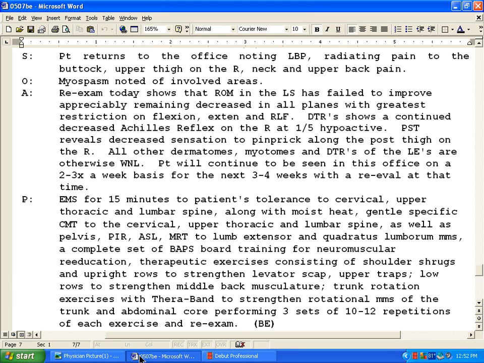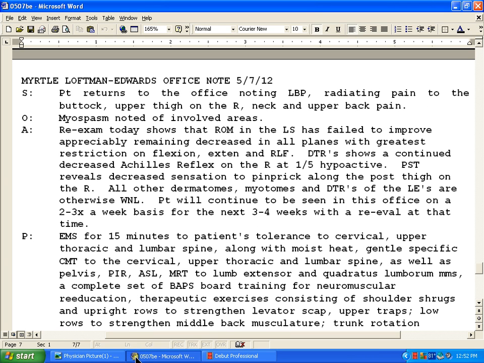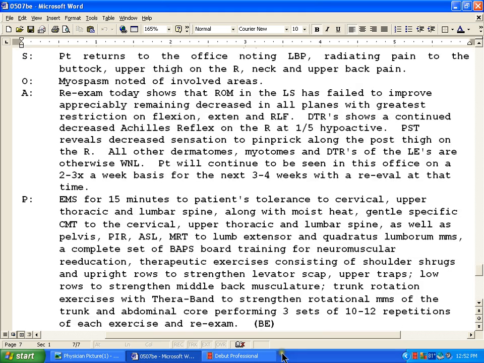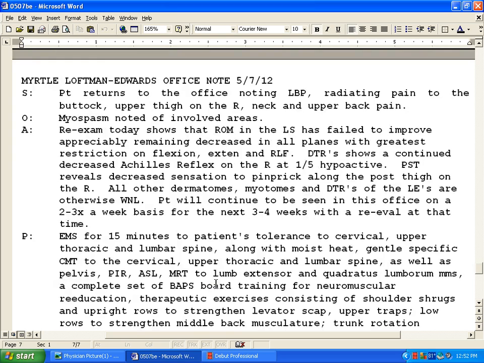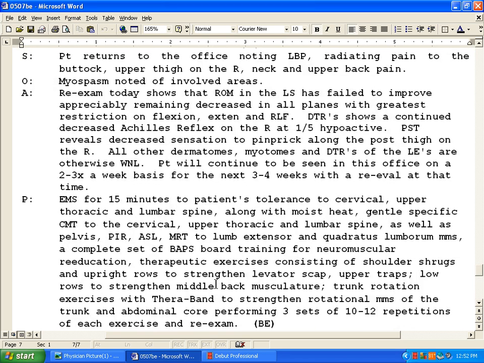Okay, we start out at the top and we put the patient's name in all caps, and then we put in all caps OFFICE NOTE, and then the date, like 5/10/12.